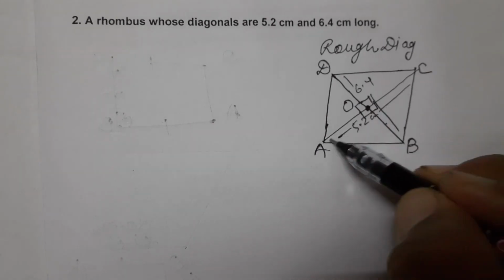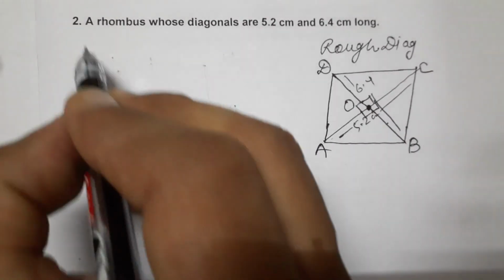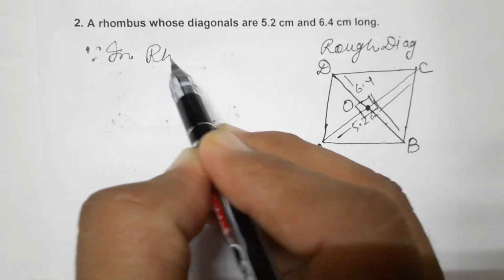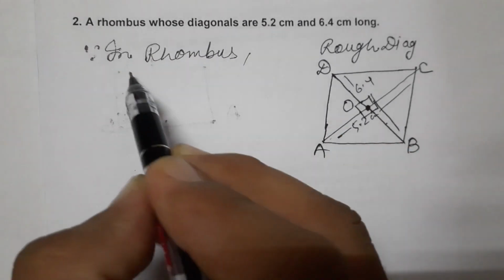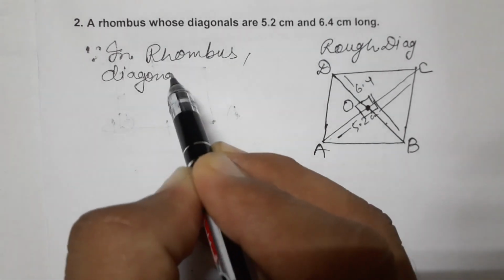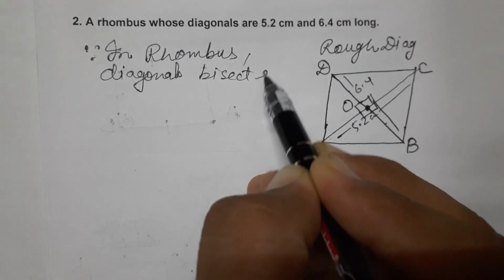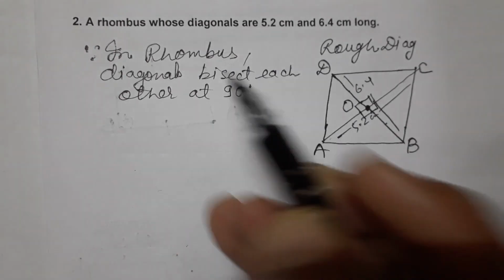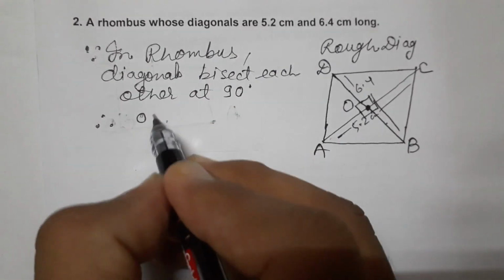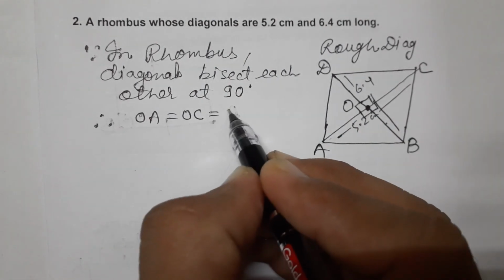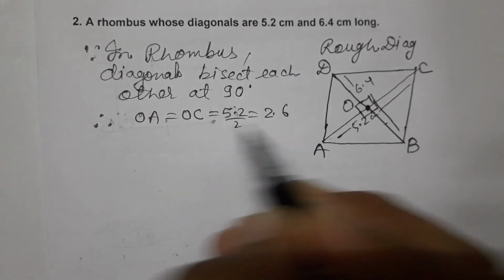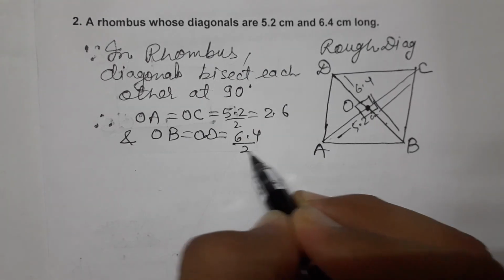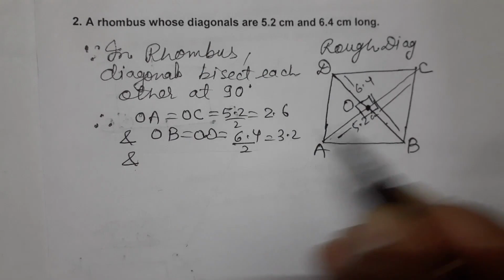So we'll start by making diagonal AC. Since in a rhombus diagonals bisect each other at 90 degrees, therefore OA equals OC equals 5.2 by 2, which is 2.6, and OB equals OD equals 6.4 by 2, which is 3.2, and all angles are 90 also.